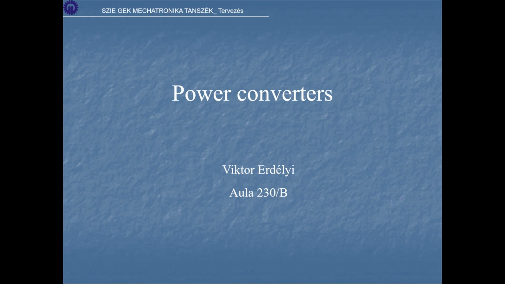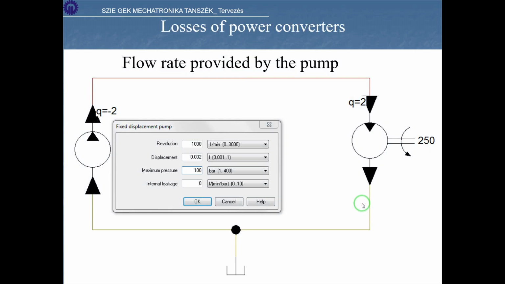If you can imagine, if you want to push fat into a tube, it's much more difficult than pushing, for example, water through, because this fat is much more viscous. So simple as that. So let's see the losses of power converters.